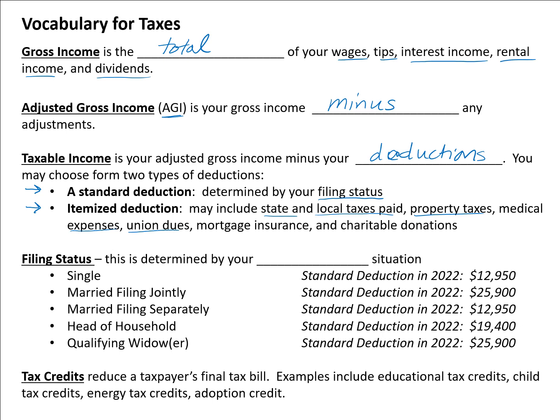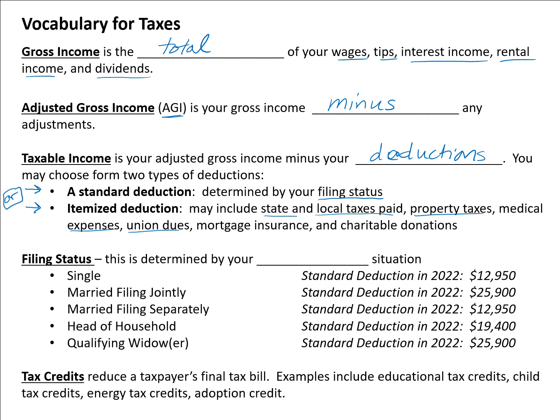That means actually list them out individually to work out what your itemized deductions would be. What generally people do is they compare, once they've itemized, how much their itemized deduction would be compared with their standard deduction for their filing status, and take whichever is larger, because you want to take as many deductions as you can to reduce your gross income so that you get taxed on less income. So deductions help reduce how much you get taxed by.